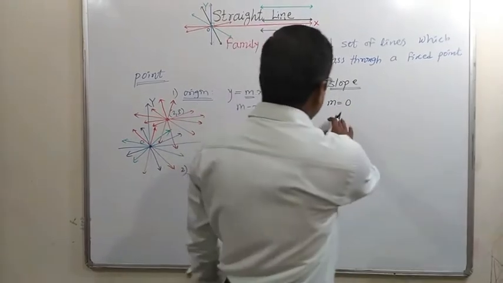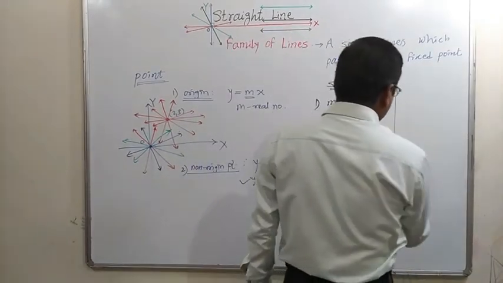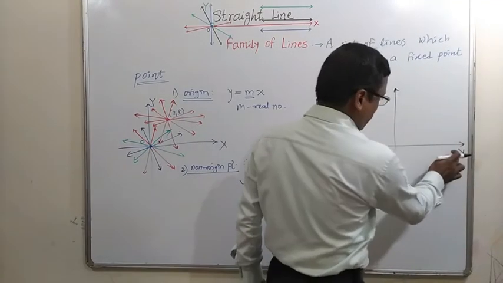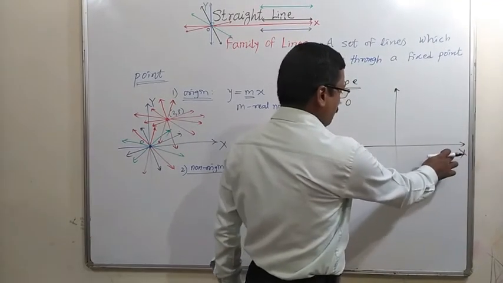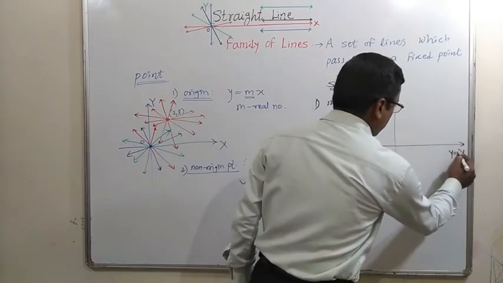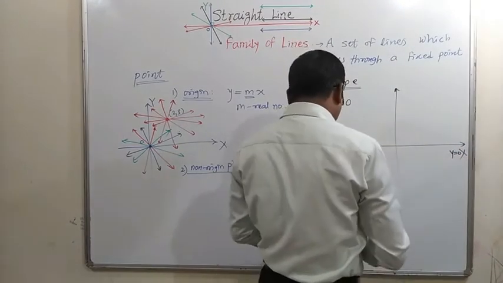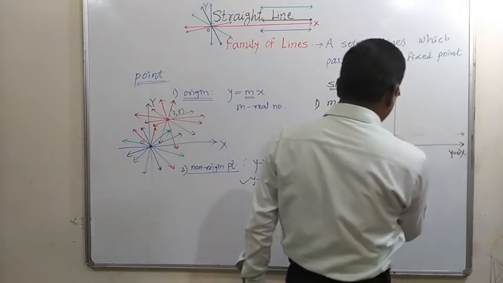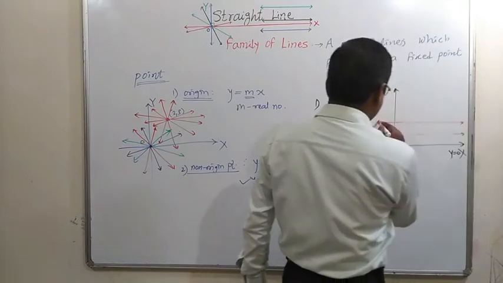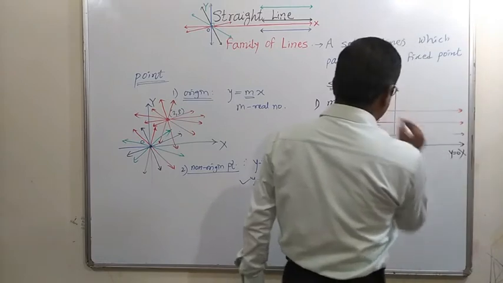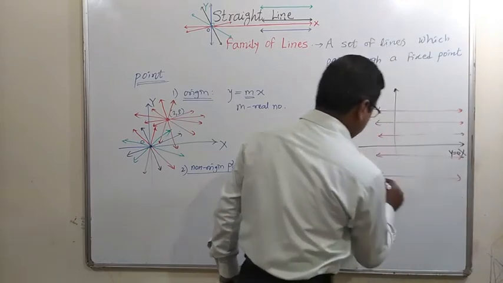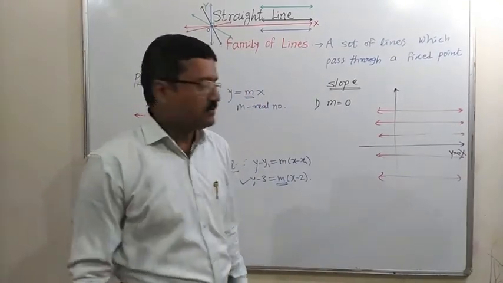If the slope is 0, then the x-axis has slope 0, and its equation is y equal to 0. If you draw another line parallel to the x-axis, its slope is also 0. The slopes of all lines parallel to the x-axis are 0. So these are some lines having slope 0.